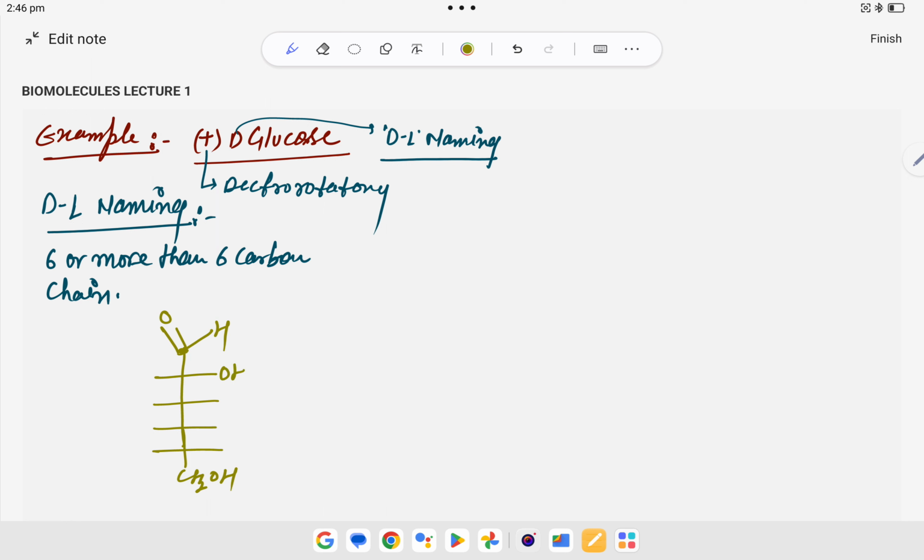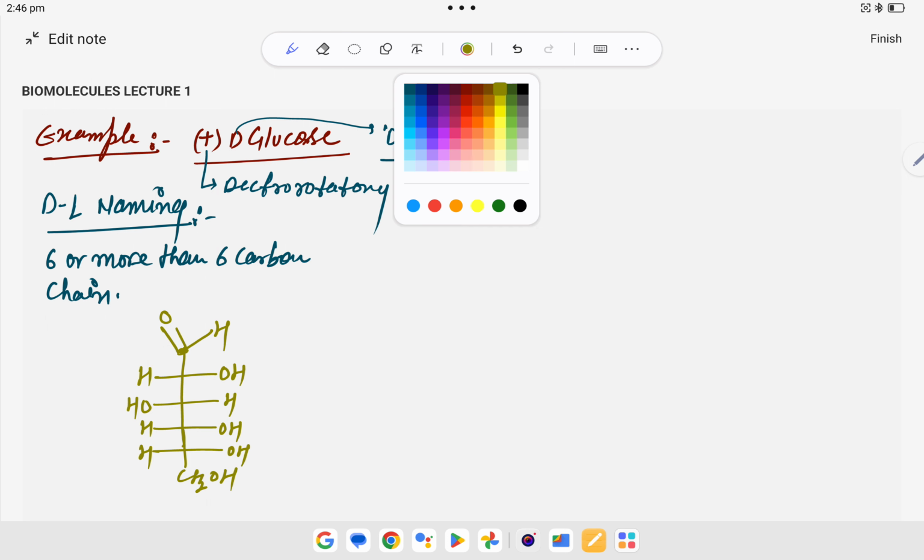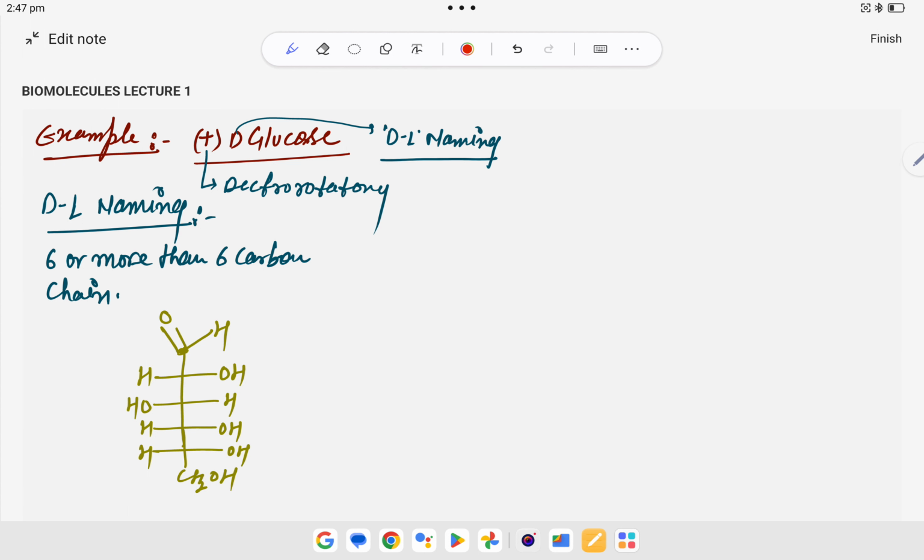Position of OH and H is fixed, not like anywhere you can place. Okay, this position is fixed, children. So no need to change the position. So that is your D glucose.